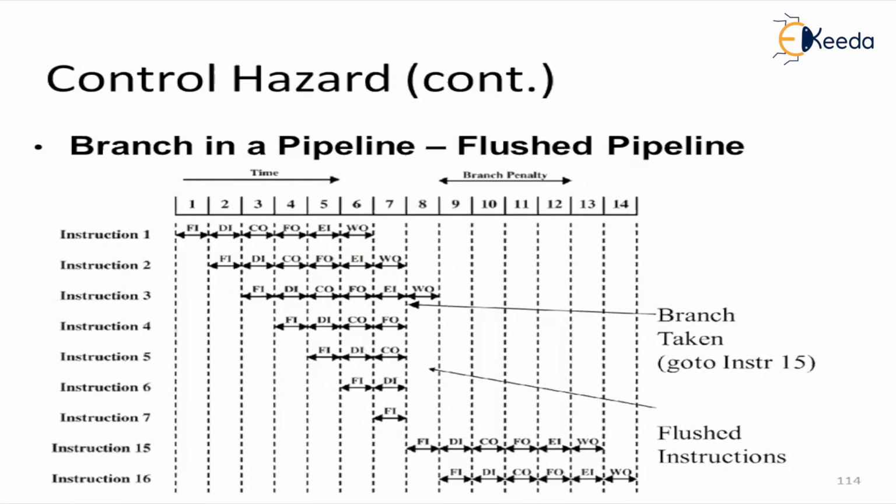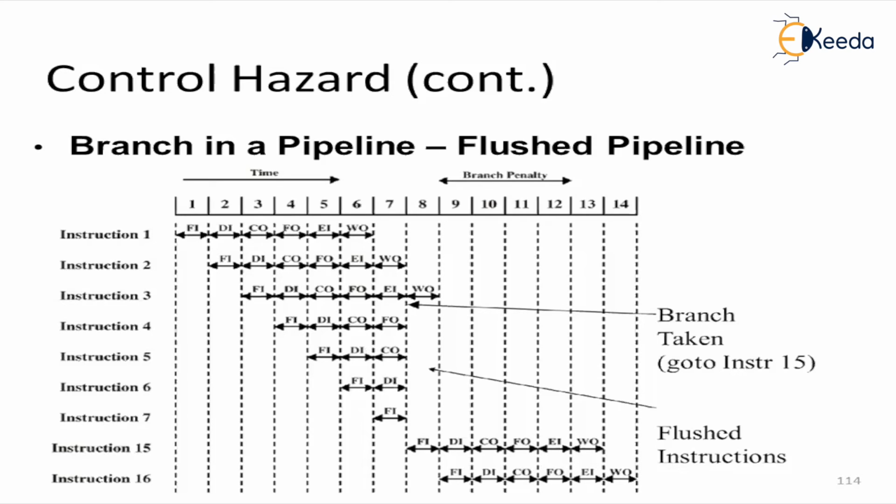Now, let us consider the second one, branch in a pipeline or flushed pipeline. Here the instructions start from instruction 1 and go up to instruction 16. But before proceeding further, you should be aware of the different terms. What do you understand by flush pipeline? This is also called a pipeline break.